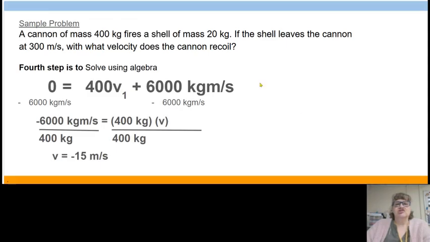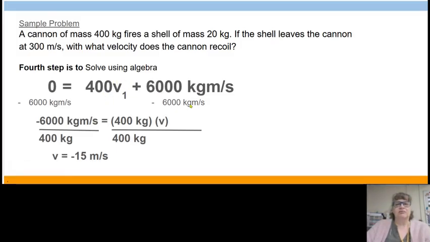Okay. Next is just use the algebra to solve. So that beginning number becomes 0 because 0 times anything is 0. And then we have 400V plus 6,000 kilogram meters per second. Okay. I'm going to try and get the V by itself.